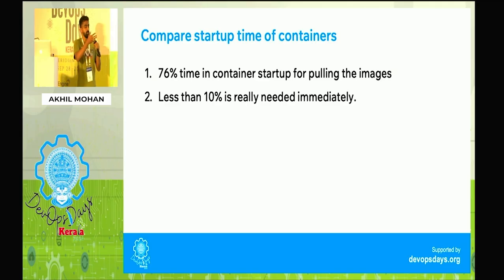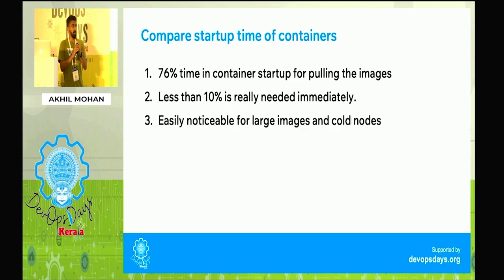You pull the complete GCC image, but only a few libraries or binaries will actually be needed. When you pull large images, it's easily noticeable that we are losing so much time in pulling the images. This data is from a survey that was done a few years back from Usenix.